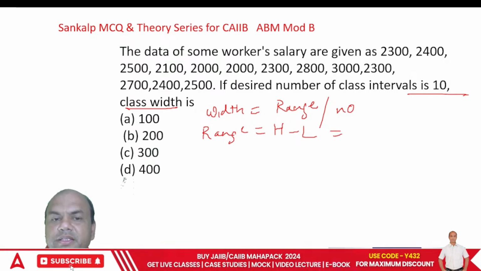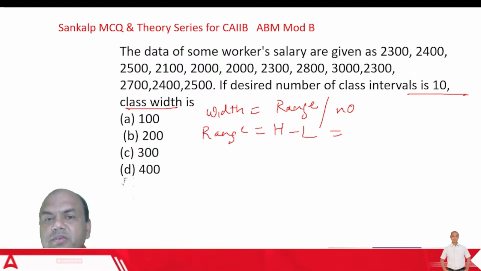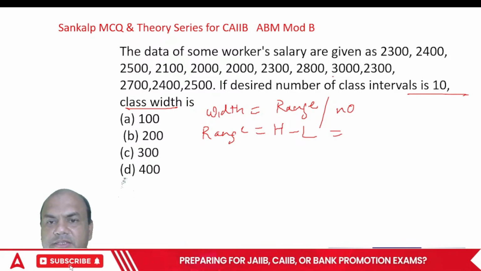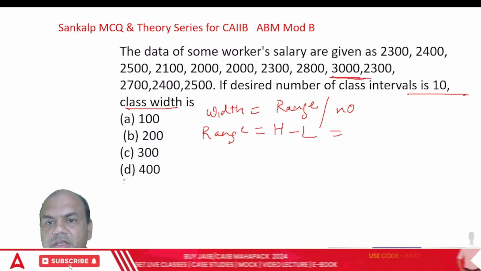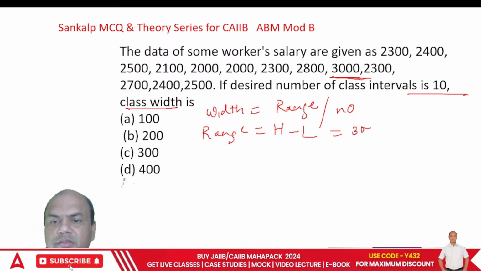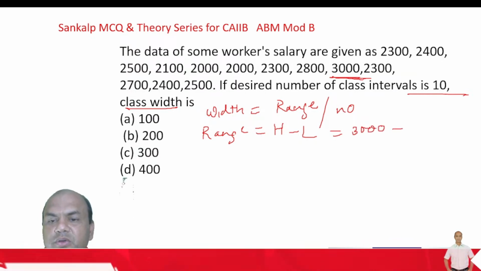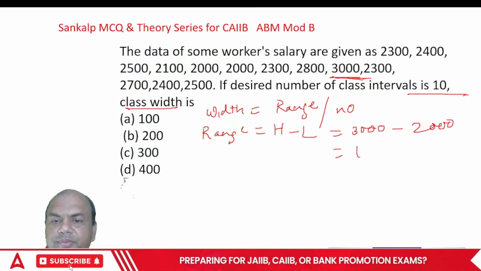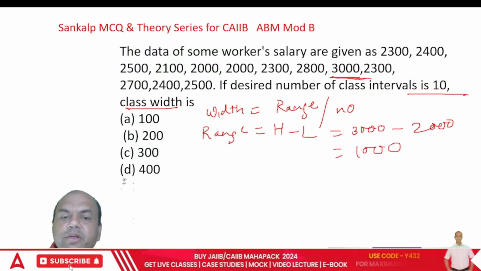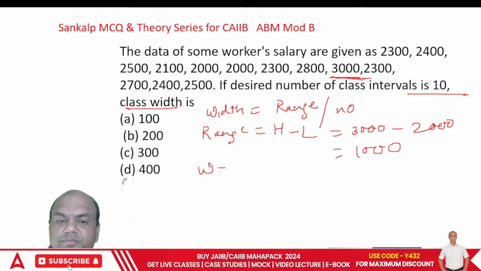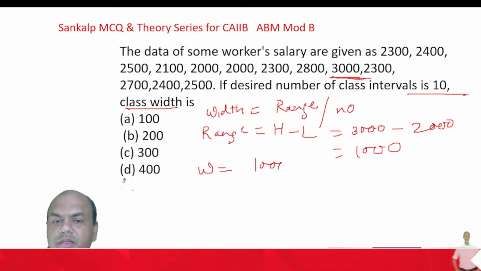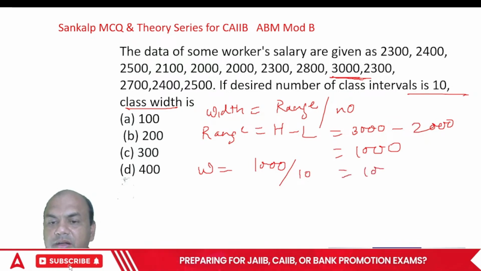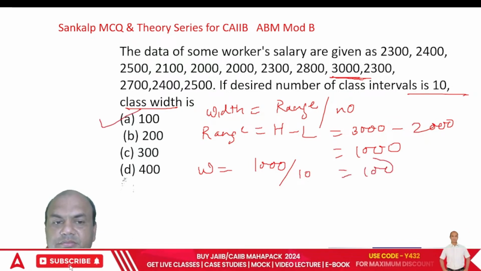Tell me, which number is highest? 23, 24, 25, 21, 2000, 22, and so on. This is 3000. So 3000 minus which is the lowest? 2000. So it is 1000, right? So what is my width then? Width equals 1000 upon number. What is the number? 10. So my class width will be 100. So this is my answer.